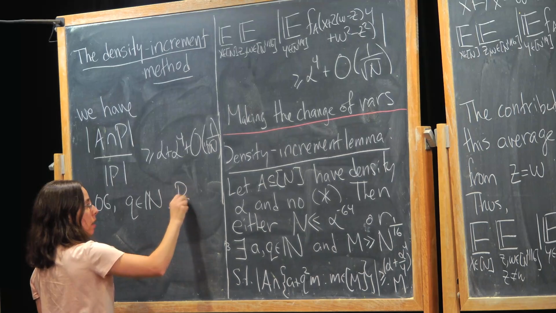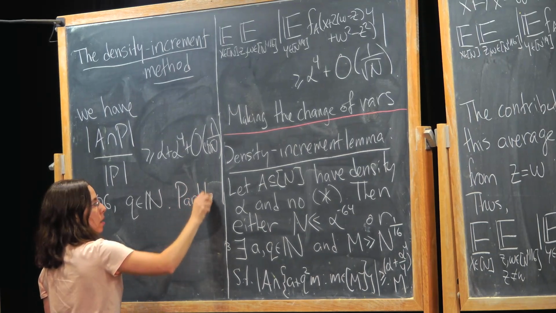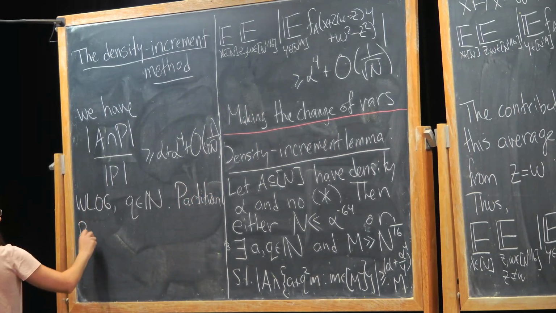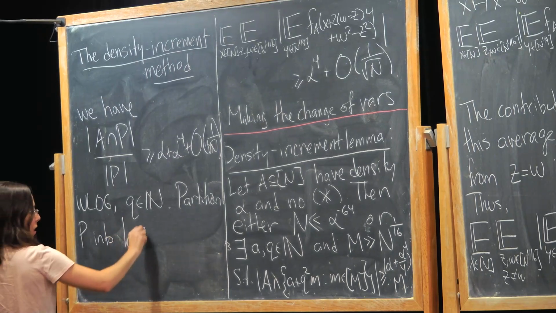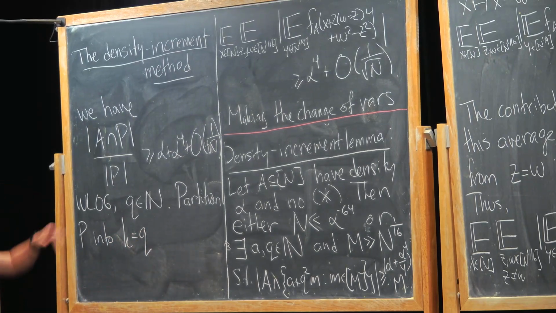Now partition P. P is an arithmetic progression with common difference Q, so I want to split it up into congruence classes modulo Q squared. That splits it up into Q different progressions, but those will have length on the order of n to the 1/4 divided by Q.